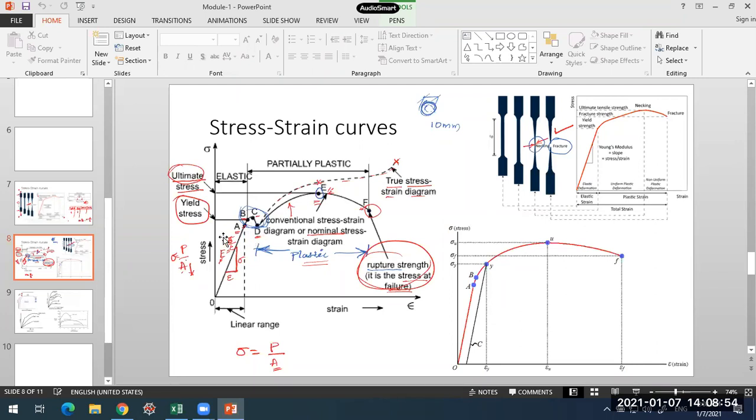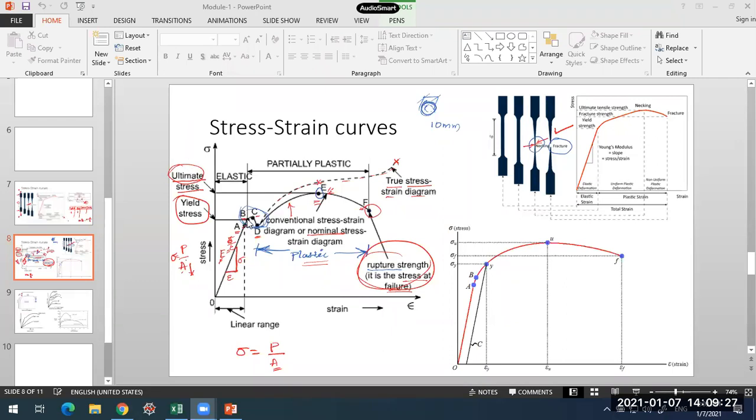In case of a brittle material, like high carbon steels, we use both types of steels in our construction: mild steel, which will be ductile in nature, and HYSD bars or high carbon steel bars, which will be brittle in nature. Now in these, we will not be able to distinguish the yield points clearly.